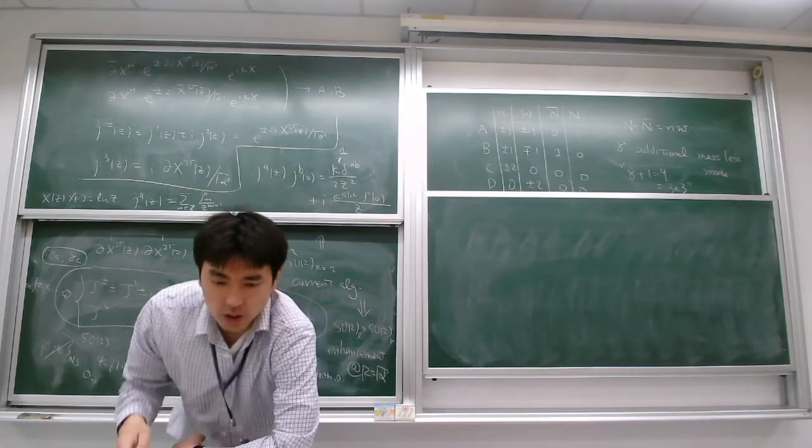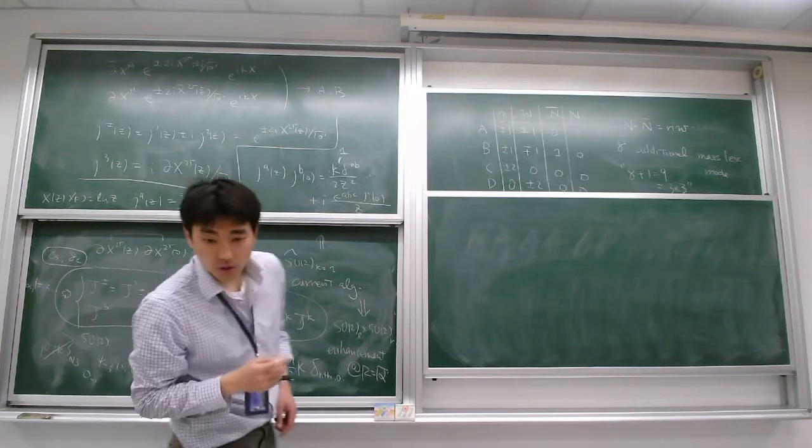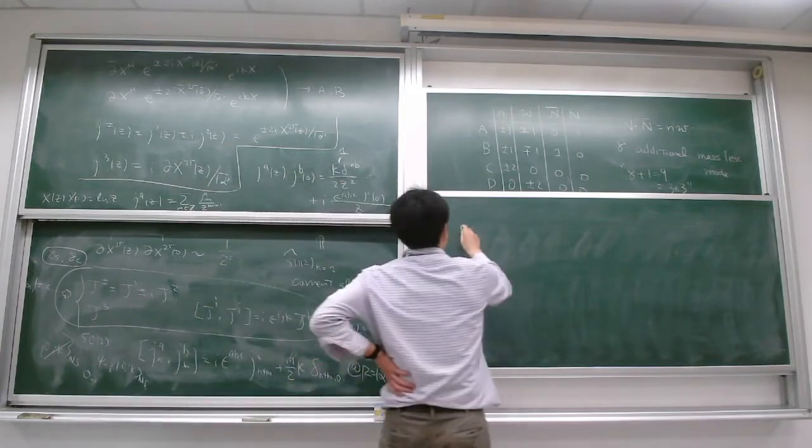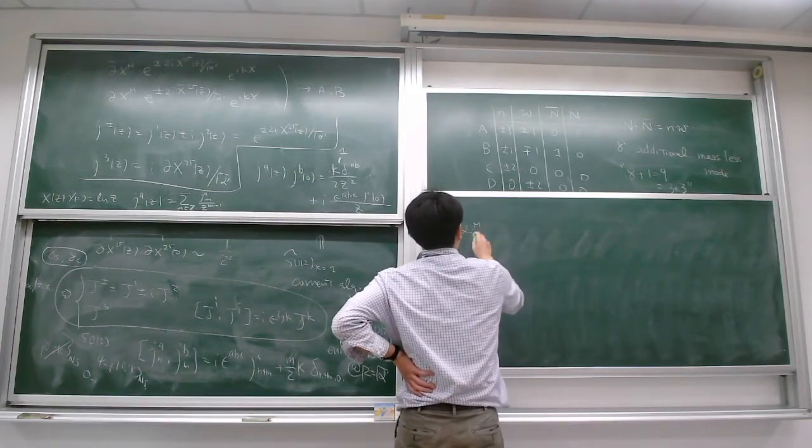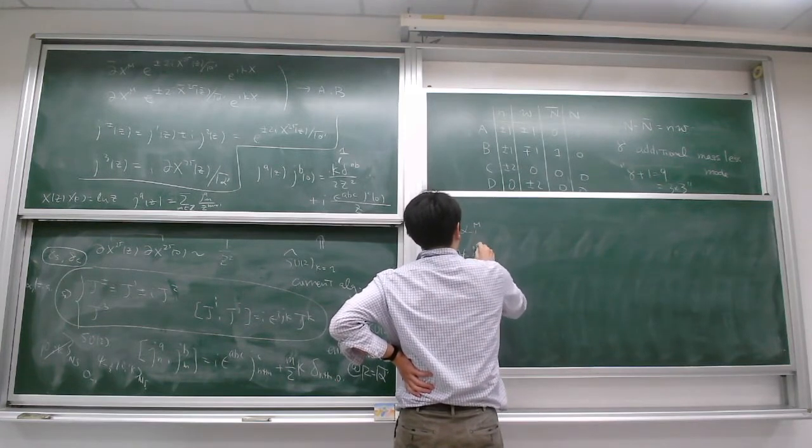So for the NS sector, you just have minus one here that can act on, and psi minus 1/2 mu.